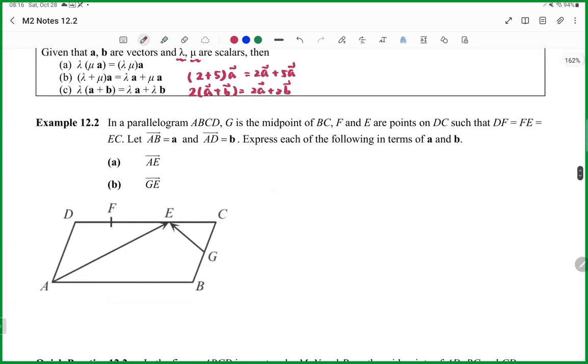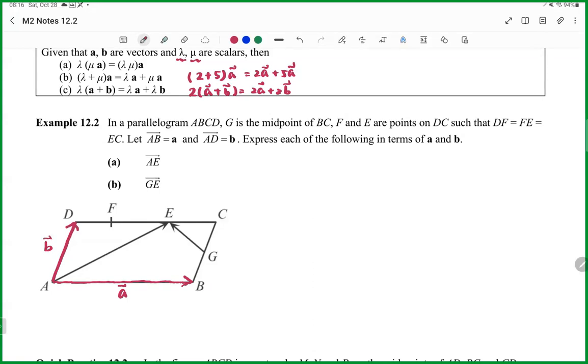Example 2. The parallelogram ABCD, G is the midpoint of BC, and F and E are the points such that DF equals FE equals EC. So there are two vectors already: vector A and vector B, that is AB and AD.